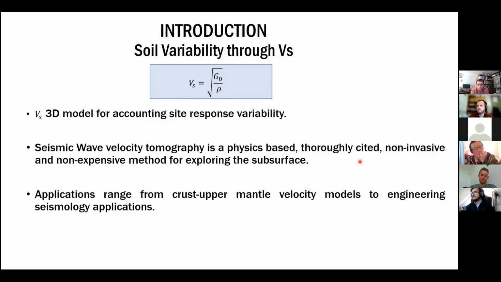Seismic wave velocity tomography is a physics-based, thoroughly cited, non-invasive, and inexpensive method for exploring the subsurface. Its applications range from crust and upper mantle velocity models to engineering seismology applications. And the depth we can reach depends on the wavelength of the wave received at the receivers.